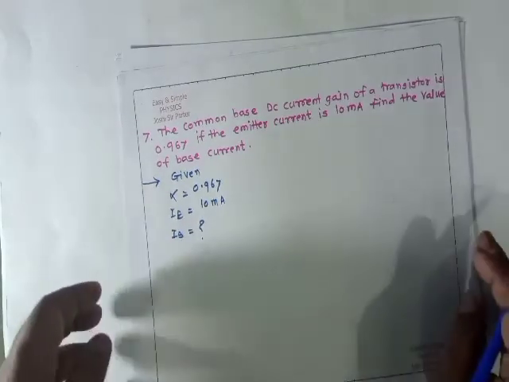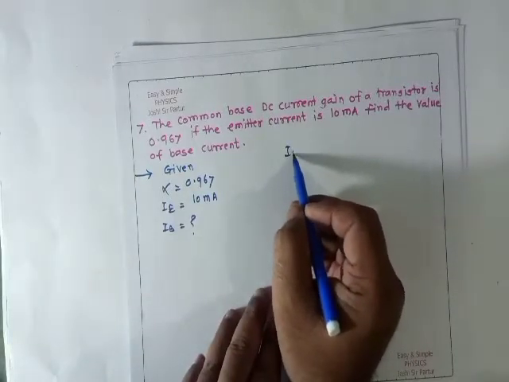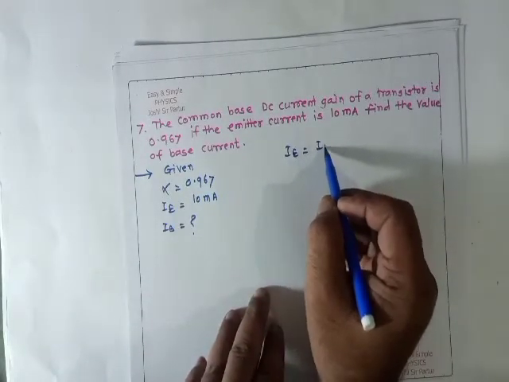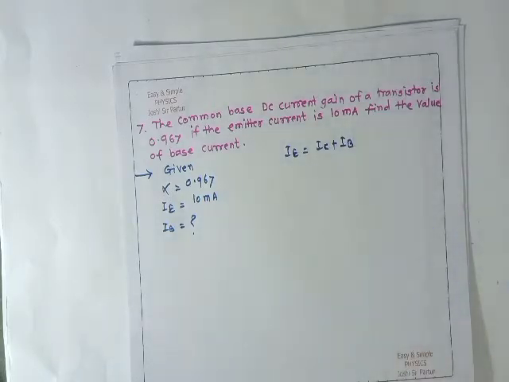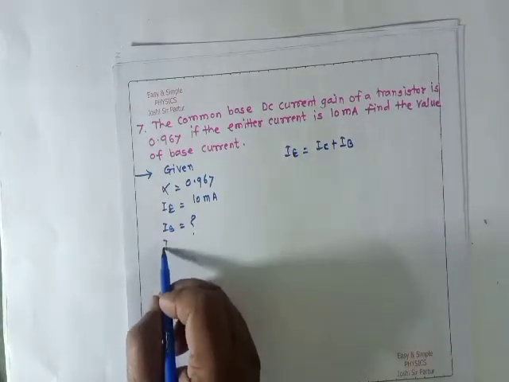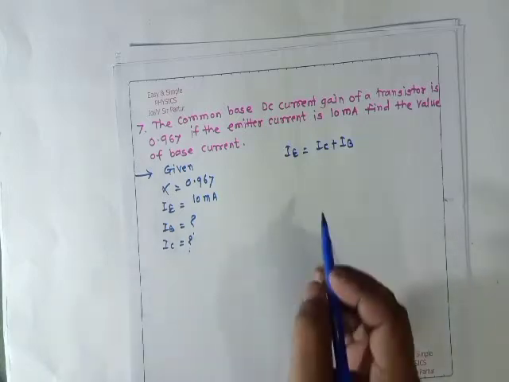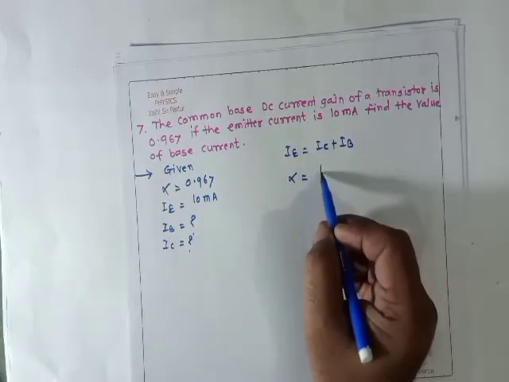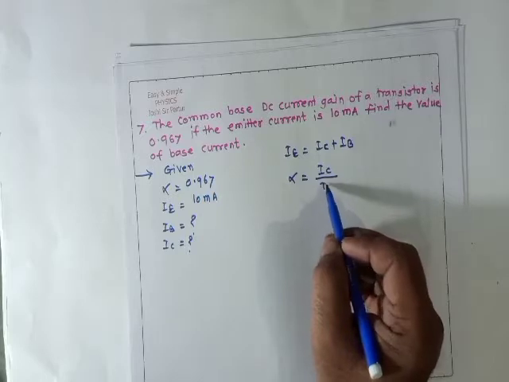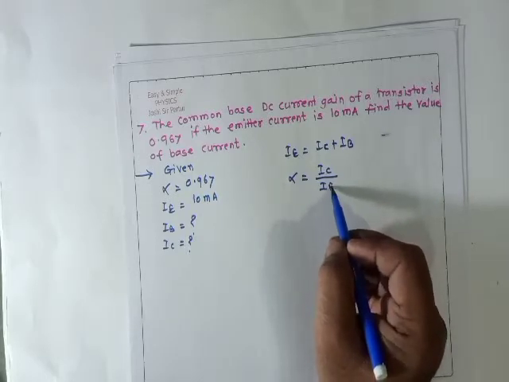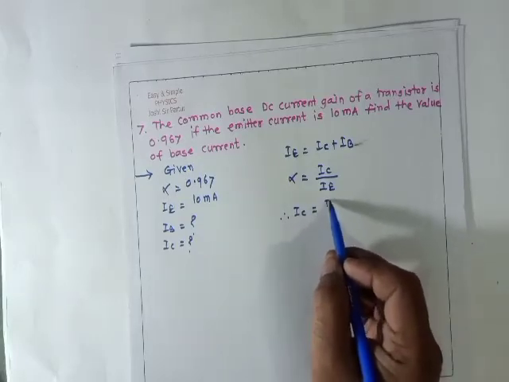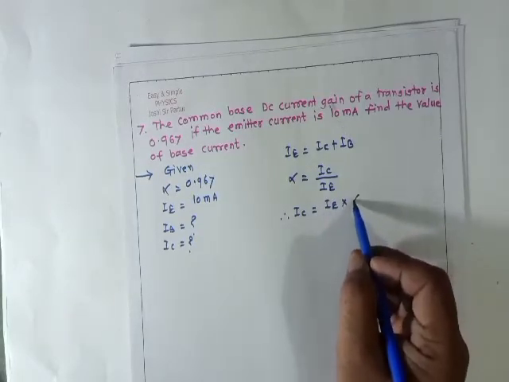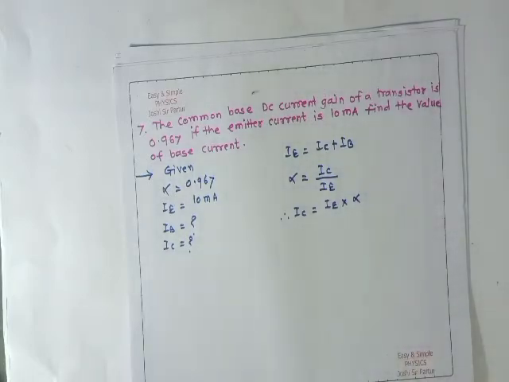See here, the formula for emitter current will be IE equal to IC plus IB, collector current plus base current. Here we can also find the collector current. Another formula is current gain, that is collector current upon emitter current. So collector current is equal to emitter current multiplied by current gain.